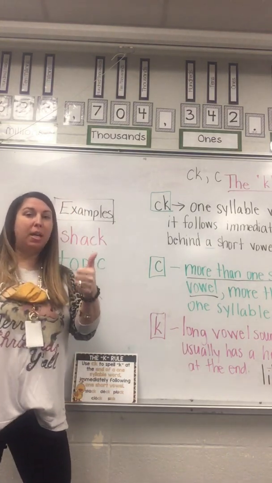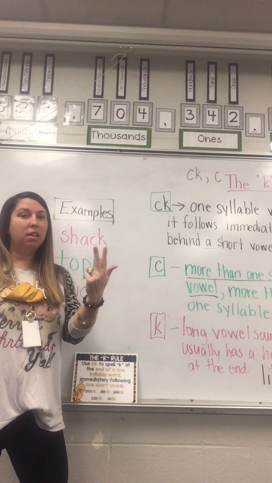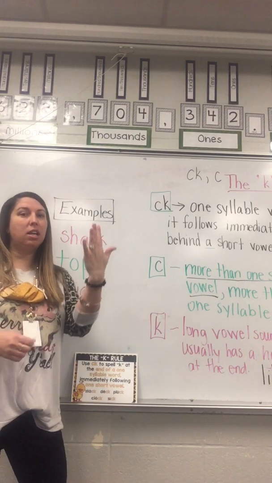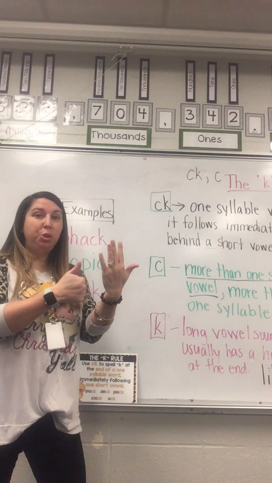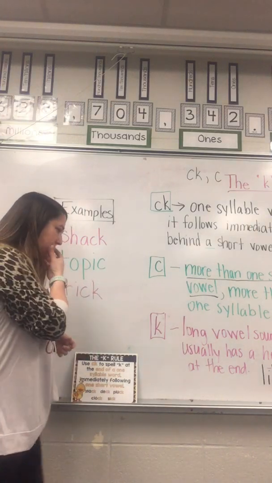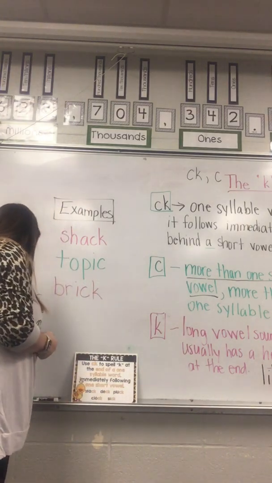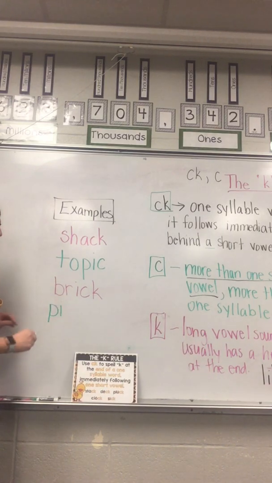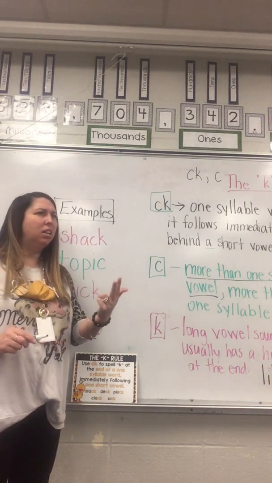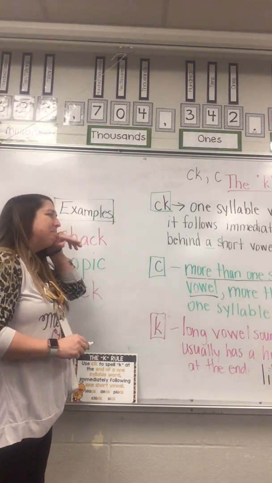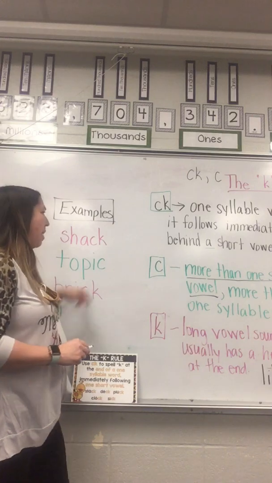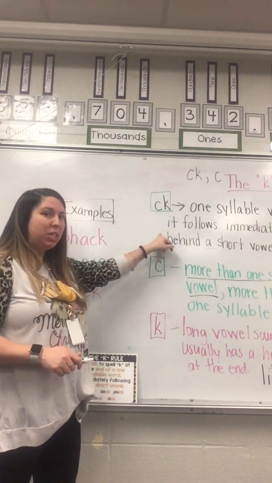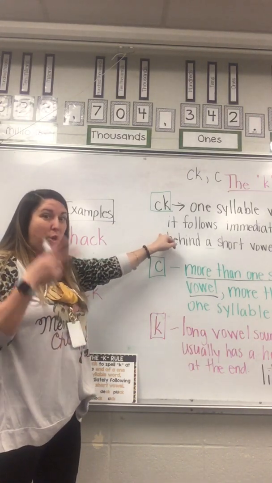Ready? P, i, k, n, i, k. Ooh, I hear 2 k sounds. Picnic. So we're going to go p, i, k. It's following immediately behind, but how many syllables does picnic have? 2.